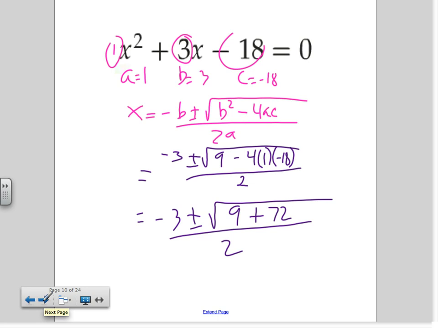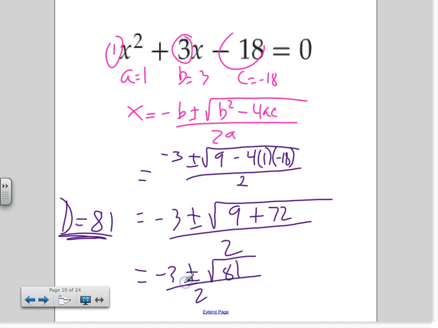The discriminant. The discriminant is a positive value, so I expect to have 2 solutions. See it? So at least at this point in time, you know the discriminant is 81, isn't it? So here it is. 81, everything over 2.